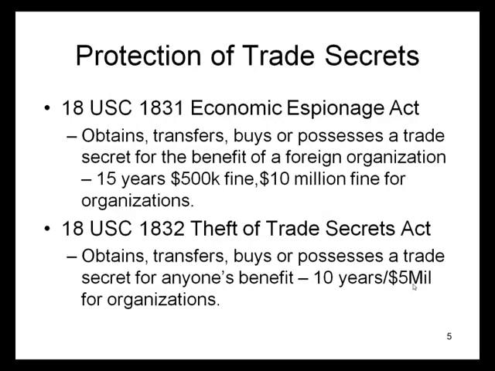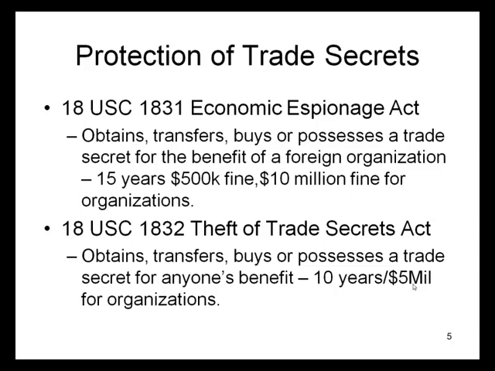There's a number of other statutes that really focus on areas that we need to think about in terms of our information security. The first group is the protection of trade secrets, and there's actually two statutes here. One of them is 18 U.S.C. 1831, which is the Economic Espionage Act, and its companion piece, the Theft of Trade Secrets Act, 18 U.S.C. 1832.